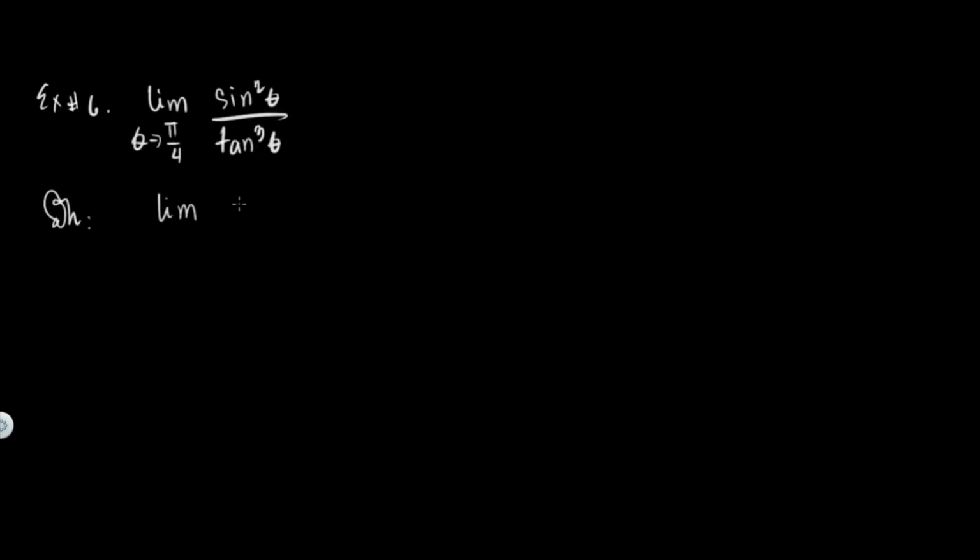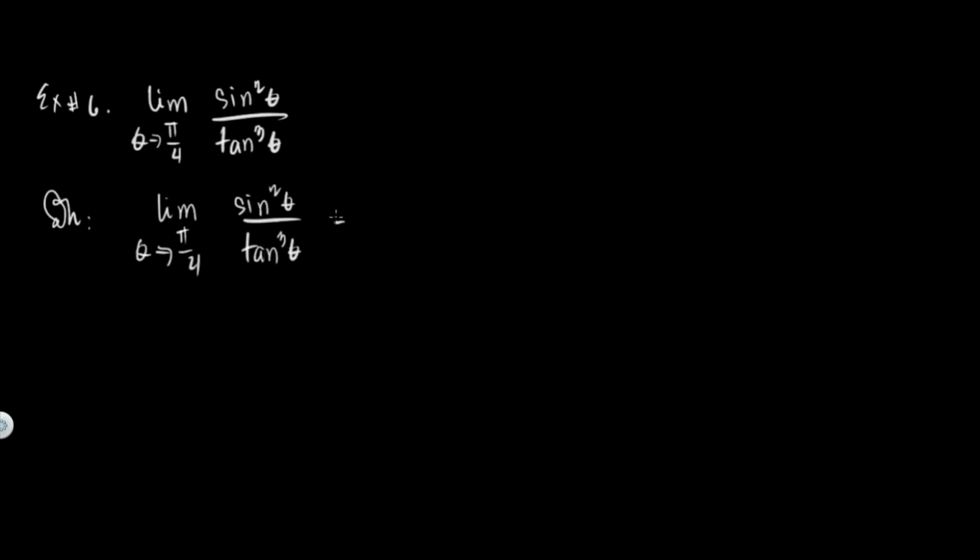Okay, last two problems or examples. Example number 6. We have the limit of sine square theta over tangent cube theta as theta approaches pi over 4. Pi over 4 is 180 over 4 or 45 degrees. No? So let's evaluate this for your solution. Again, copy sine squared theta over tangent cube theta. Theta approaches pi over 4.